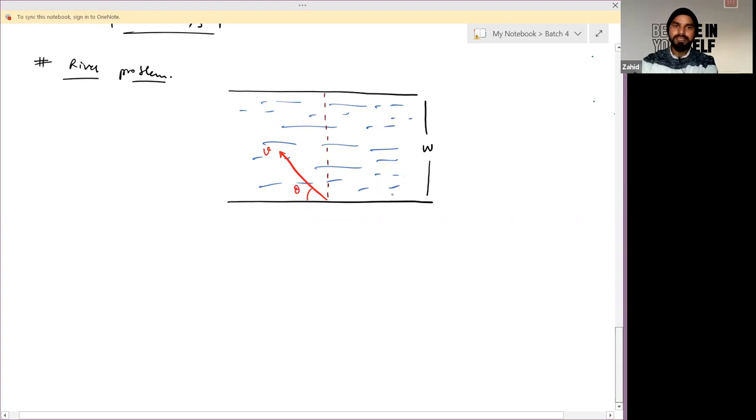At some angle theta, it will have two components along this direction and along this direction, depending upon the value of theta. So it will be v cos theta and v sin theta. Velocity of flow of river is u.